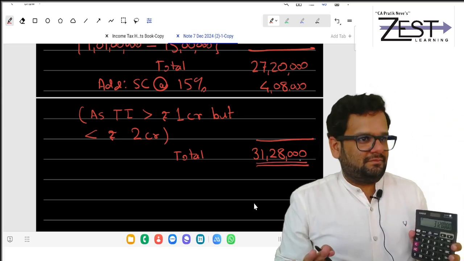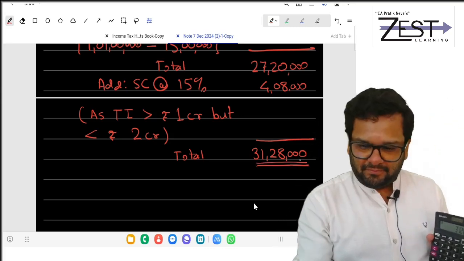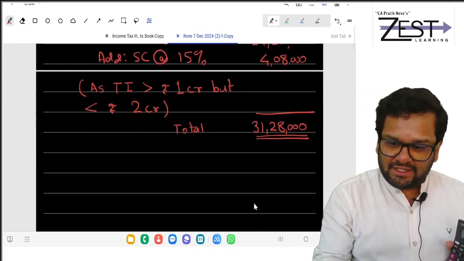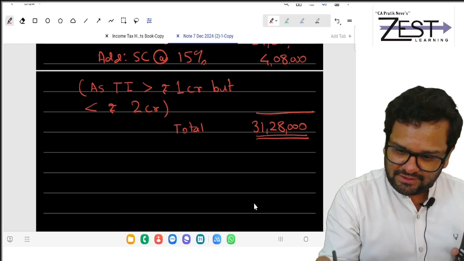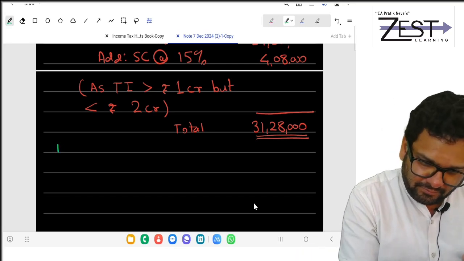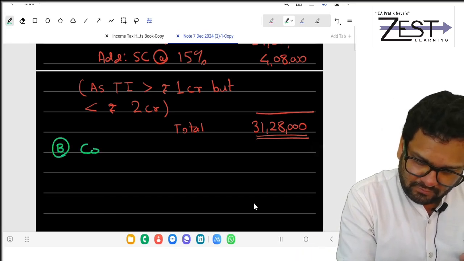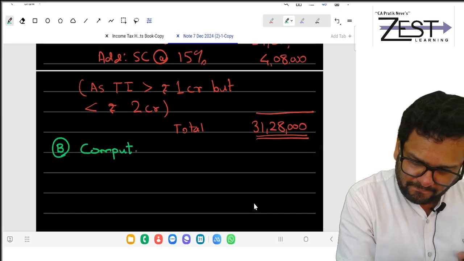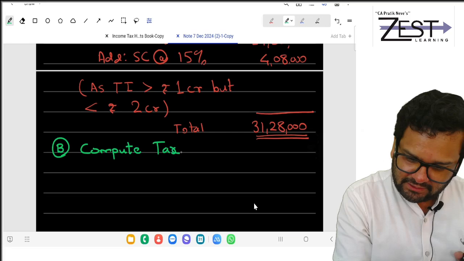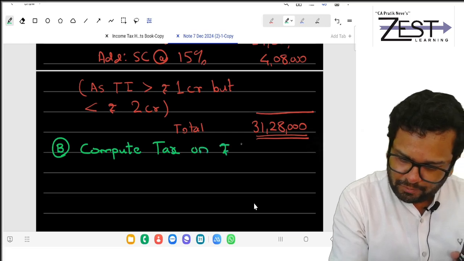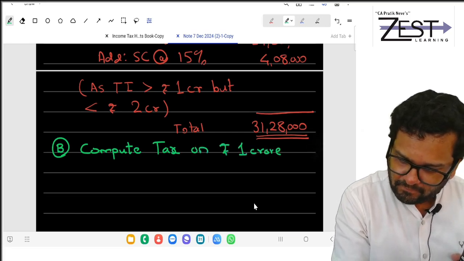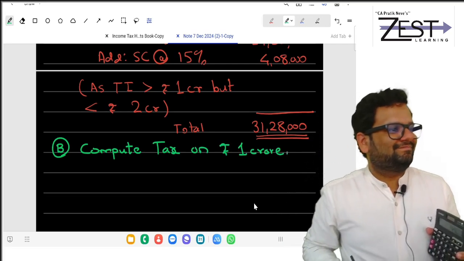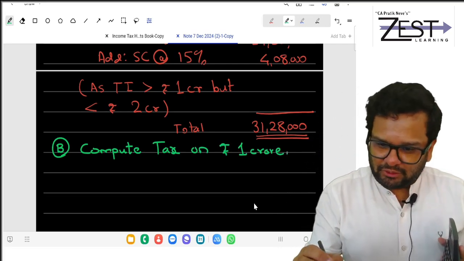In first step, 31 lakh 28,000. Second step. What is second step, friends? Compute tax on rupees 1 crore. Please compute tax on 1 crore.